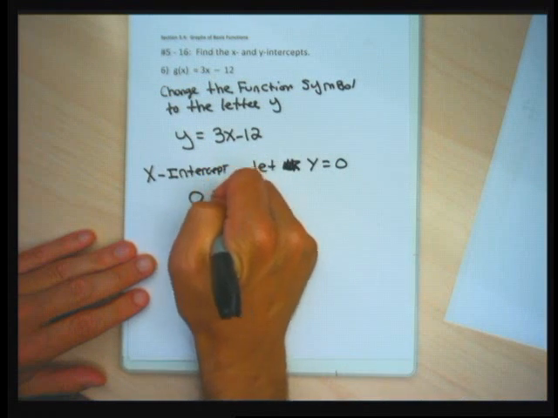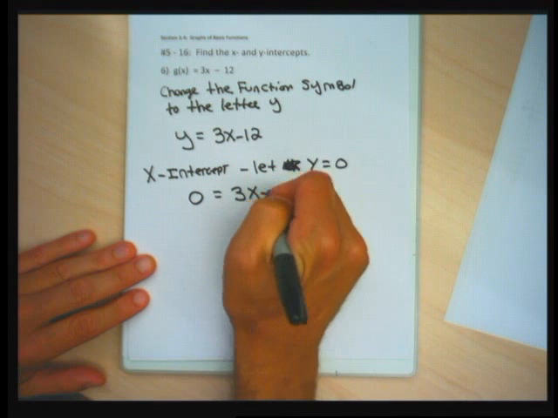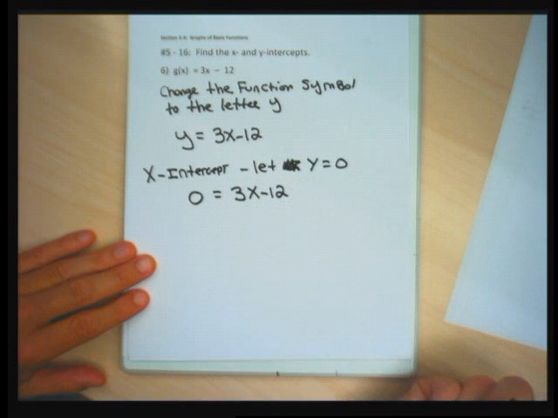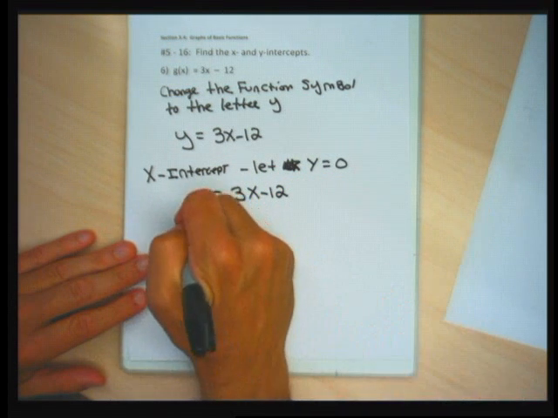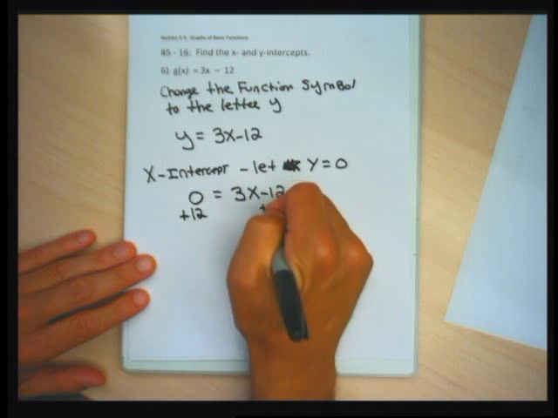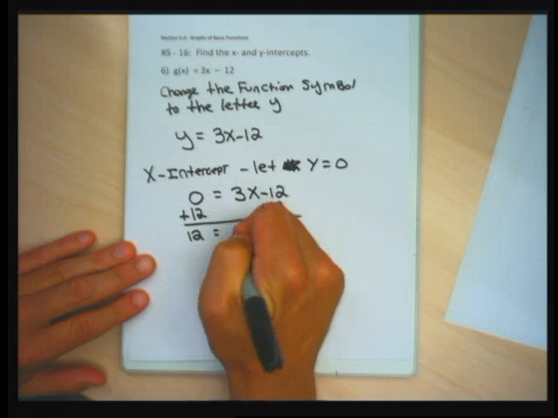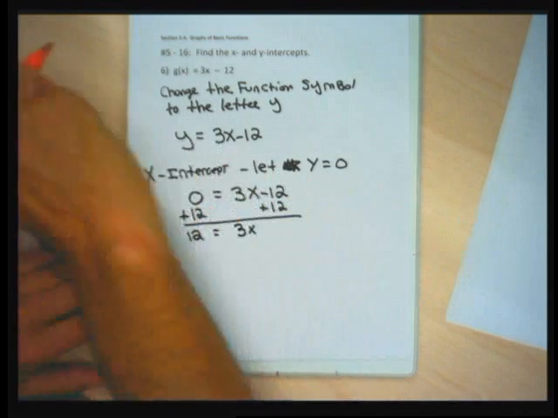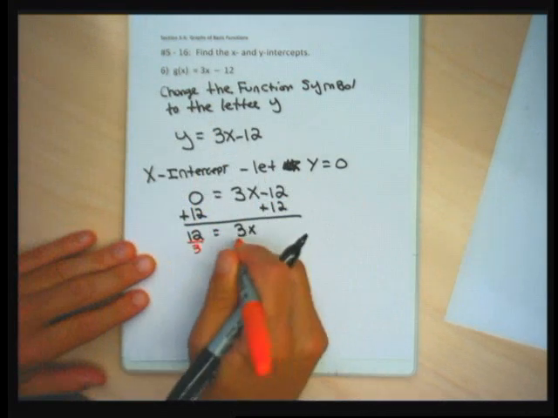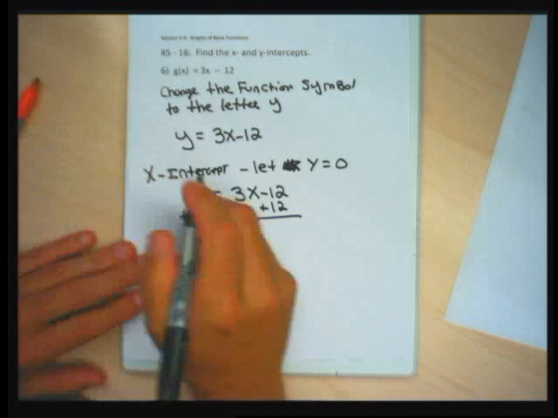So the x-intercept for this problem, I need to solve 3x minus 12 equals 0. And this is as easy as it gets in that there's no exponent, so I don't have to worry about factoring. I just need to get the number on one side and then I'll divide.